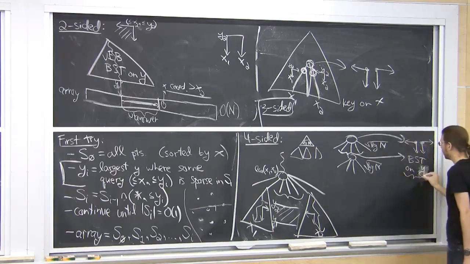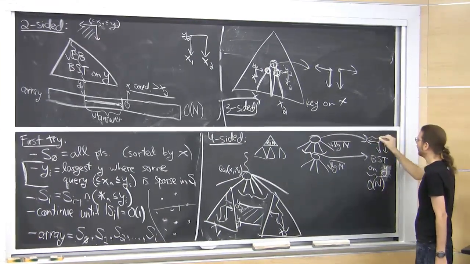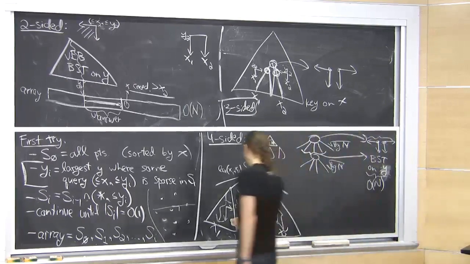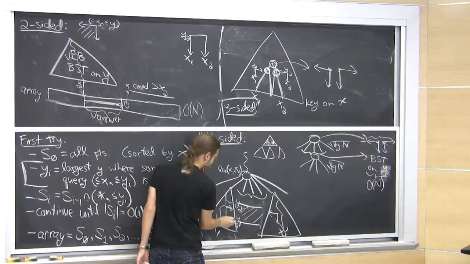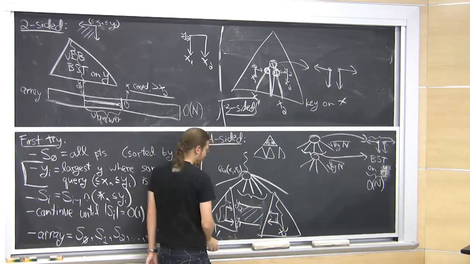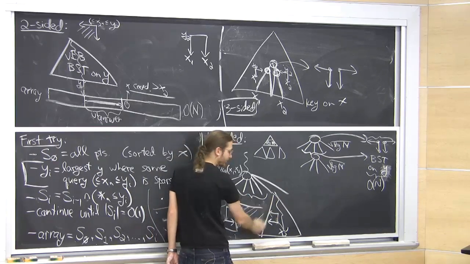Now this thing has linear size. Sorry, I think I actually should have a 3-sided range query. Thanks. These should be 3-sided. Because here I know that I've got the right side covered already in this tree. I've got the left side covered already in this tree.